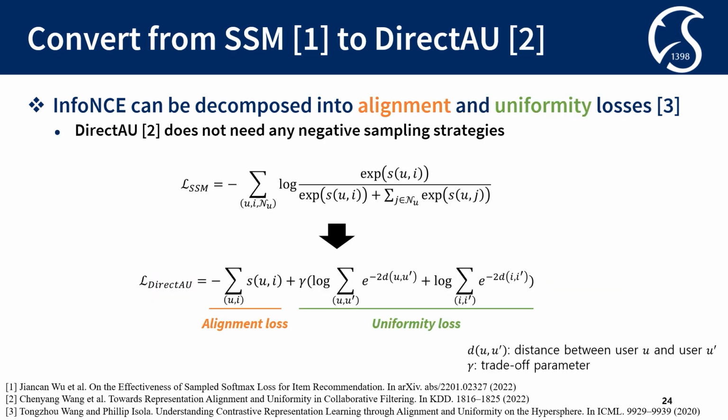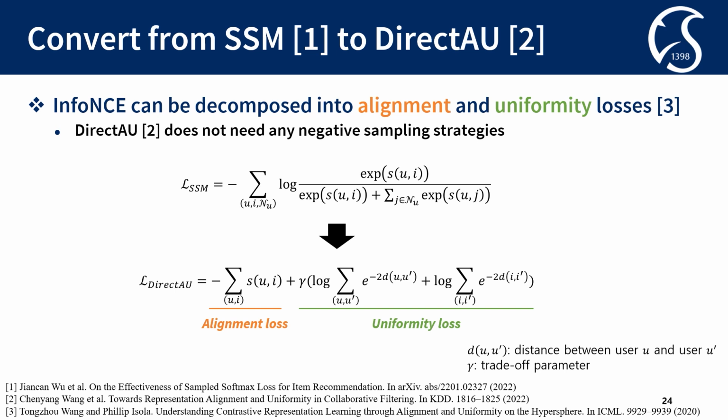Also, this is the theoretical expression of conversion from SSM to direct AU. The first term is alignment loss, and the second is uniformity loss.